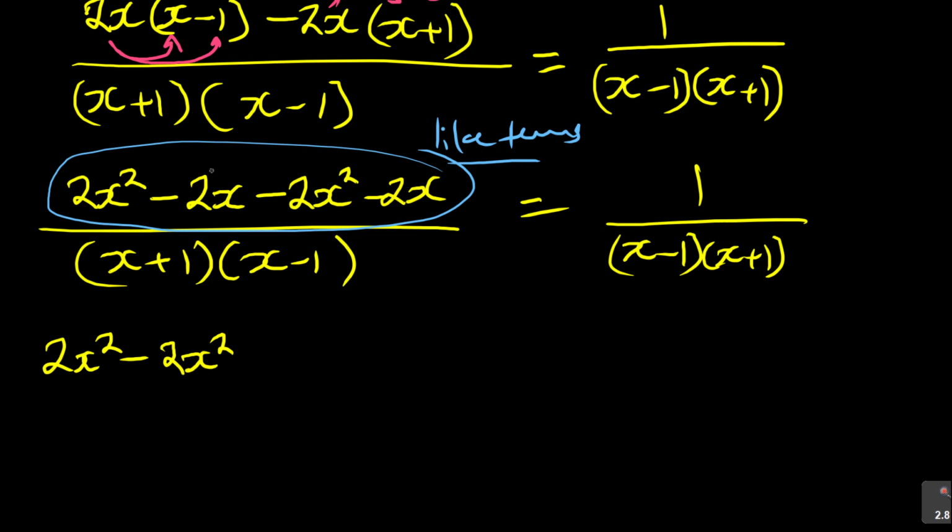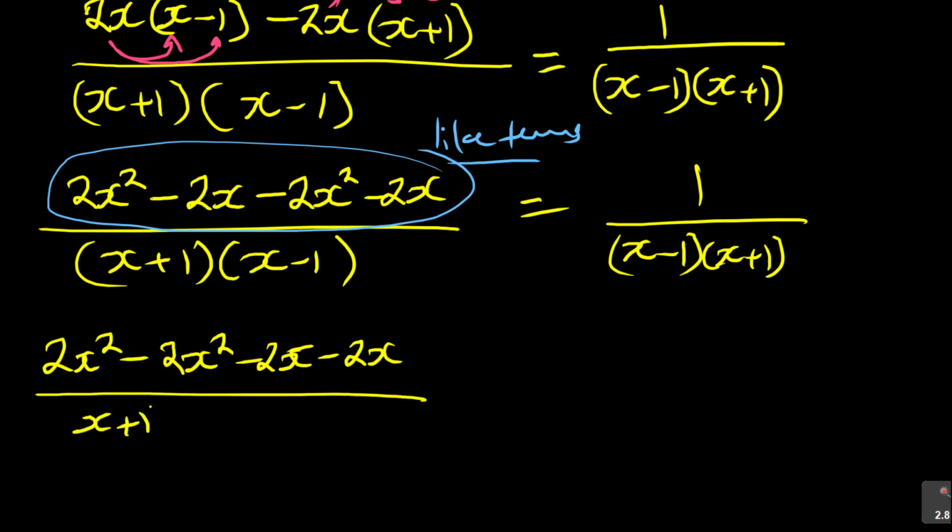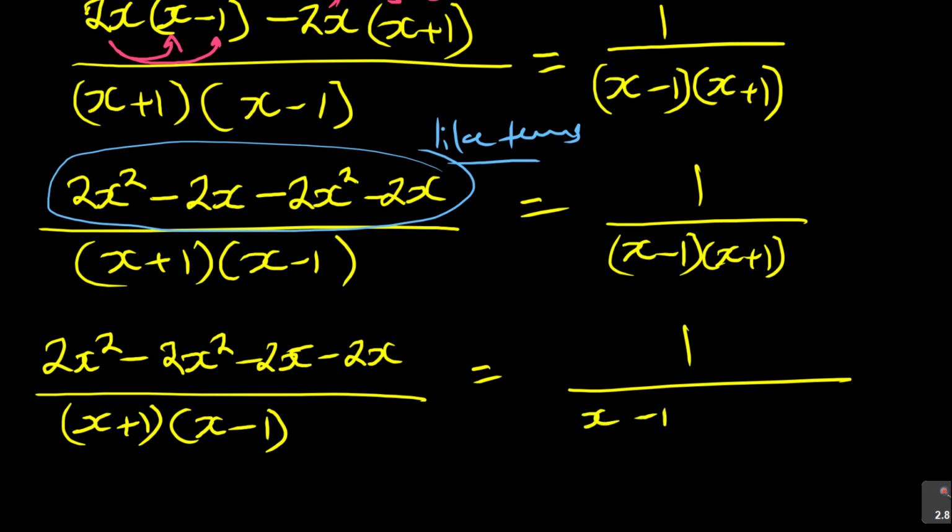And then the next one is minus 2x and minus 2x. So it's minus 2x and minus 2x. Don't forget, divide by x plus 1 and x minus 1. Then it is equal to 1 over x minus 1 and x plus 1.